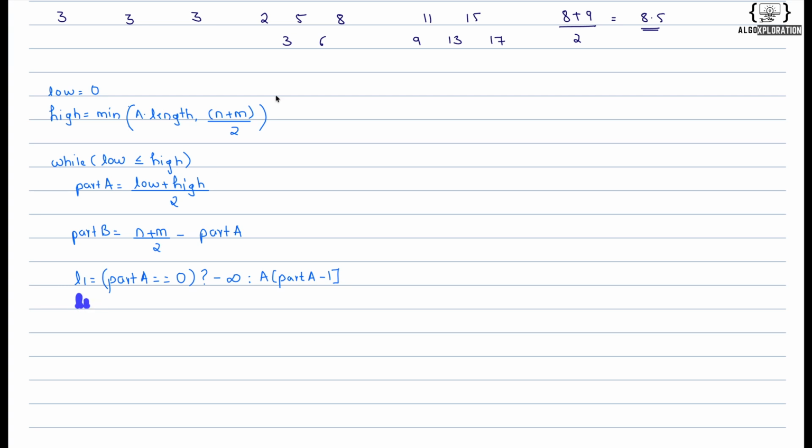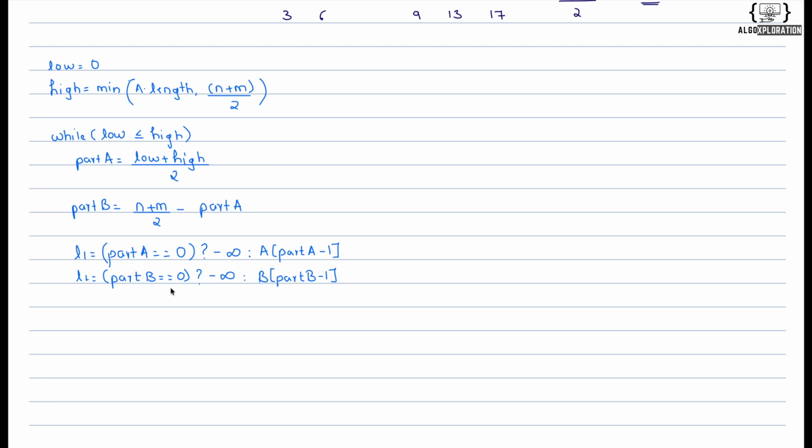Now what about L2? Again, if you are taking no elements from partition B, here also it will be minus infinity. Otherwise B of partition B minus 1. I hope you got this. If you didn't, please try to dry run it by yourself as well.